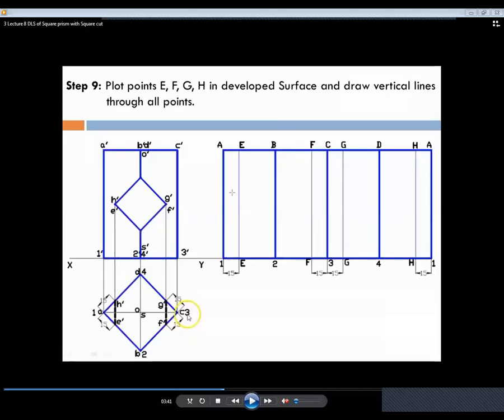We have taken the distance from A to E, the same distance from C to F and C to G, then A to H.